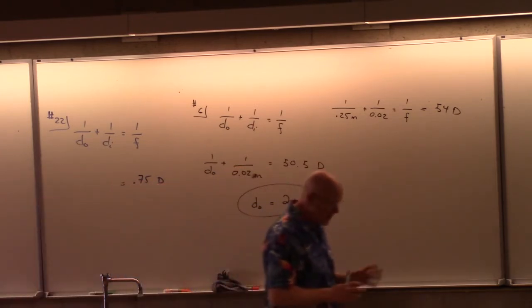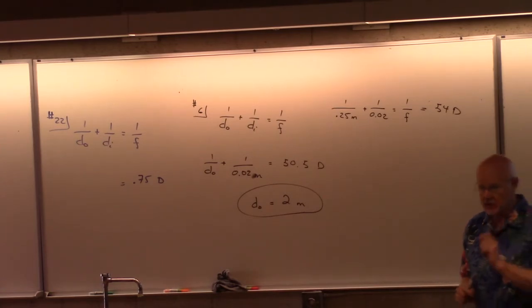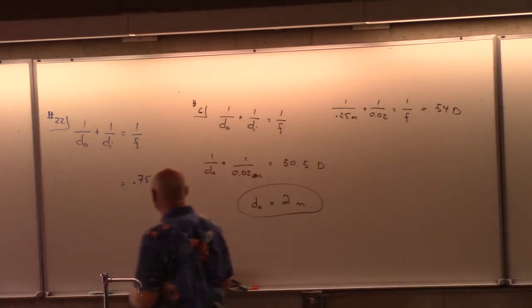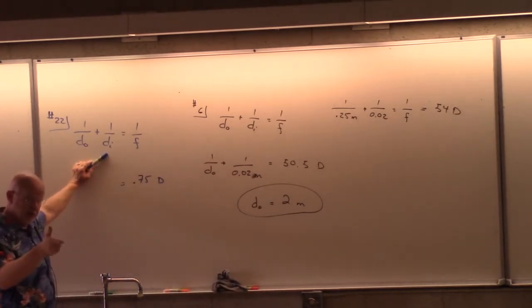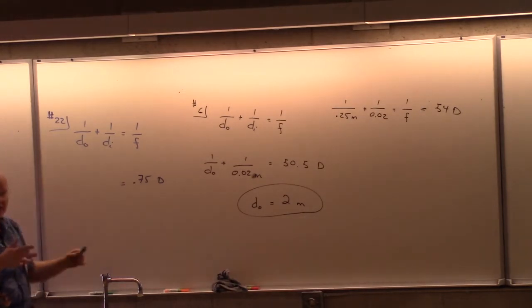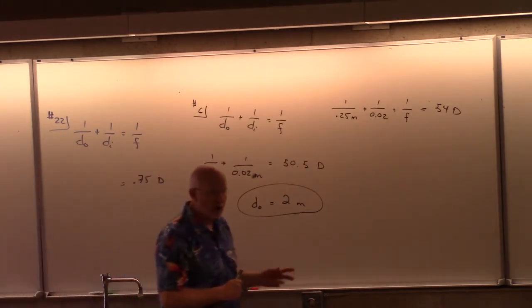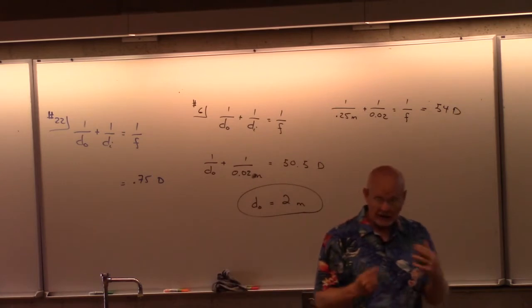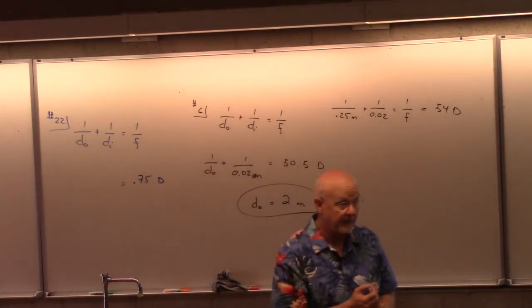Now, again, we want to be careful whether we're talking about the corrective lens or the eye. Because on a couple of these problems, you'll notice that I said the image distance was 2 centimeters. And that's true if I'm talking about the lens of the eye, but if I'm talking about the correcting lens, that's not the image distance. The image distance now is where do I want the image to appear after going through the lens so that then the human eye can take over, right?